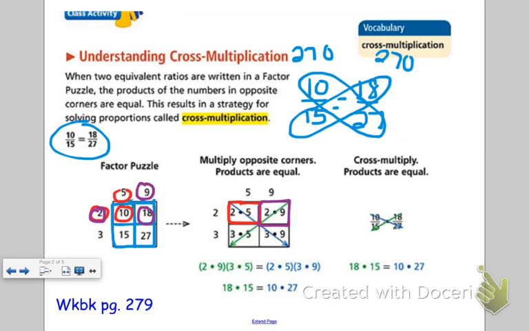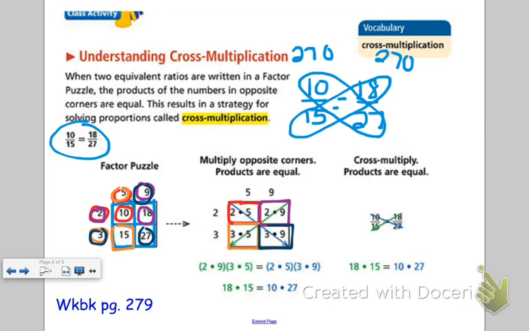So they have 18 in this box. There's your 2 times your 9. Then you know that 3 times 5 gives you 15. So they have 15 in this box, represented by 3 times 5. And last, we have 3 times 9, which gives you 27. So there's your 3 times your 9, representing your 27 in that box.